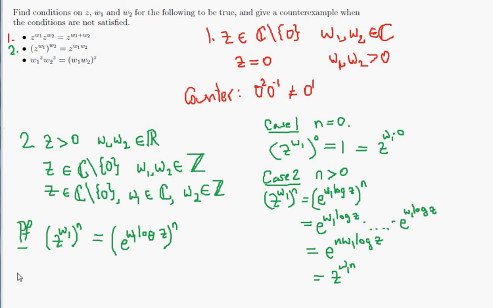Case 3, I'll do down here, is if n is less than 0, so in this case we let n be equal to negative m, where m is a positive number.